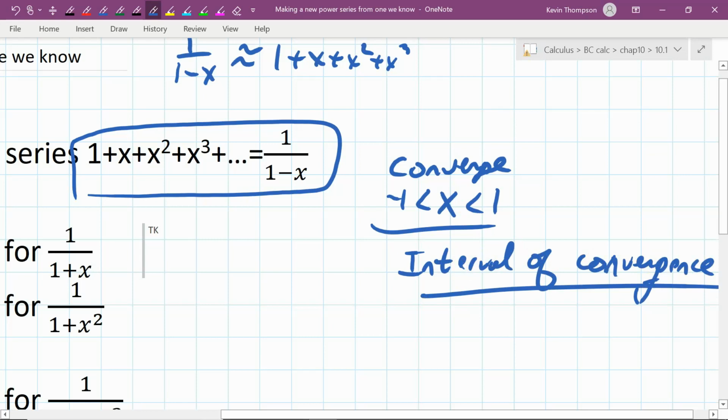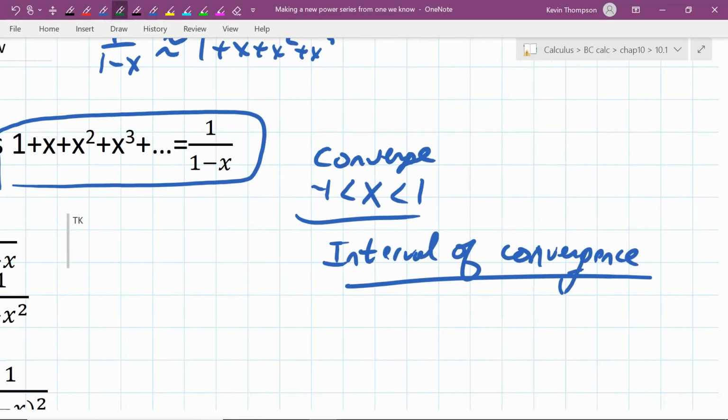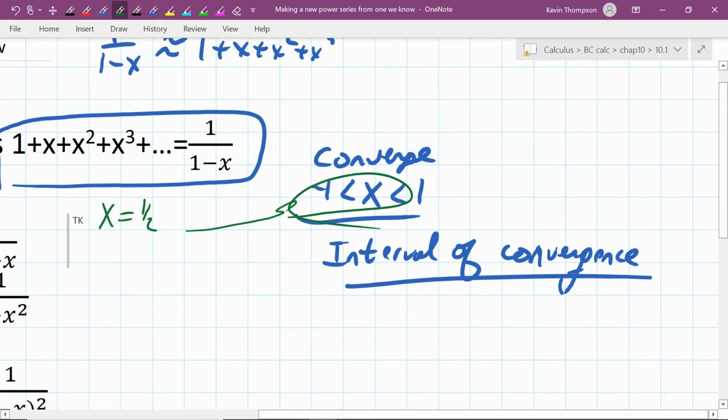So we're just actually writing that geometric in a slightly different way than we did before. Okay, so we're going to make new power series because we know that one. So maybe we should make an observation here before I do this next statement. If I say x equals 1/2, it's on the interval of convergence, right?